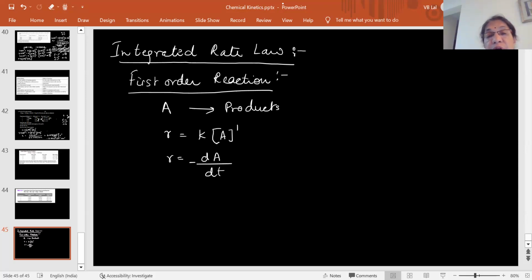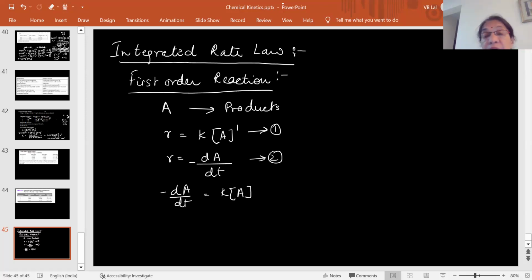So this is equation 1 and this is equation 2. So from 1 and 2, what can I do? I can say minus dA by dt is equal to K into A.